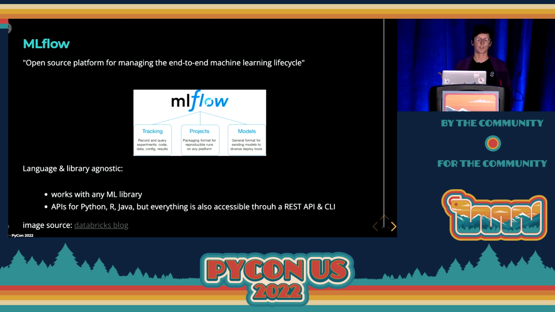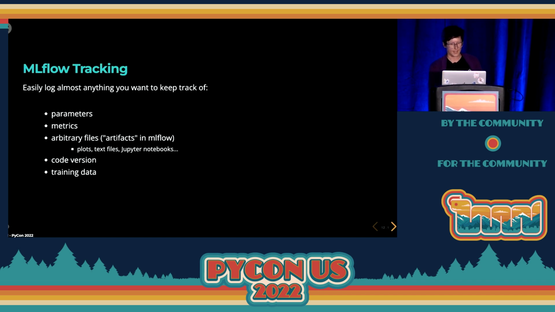MLflow was really nice because it's pretty language and library agnostic. It's not tied to TensorFlow or any other specific machine learning library, and it's got APIs for different languages. I'll be using Python here, but it's pretty flexible for different use cases. In this talk, I'm going to be focusing specifically on the MLflow tracking piece. Tracking lets you easily log pretty much anything that you'd like to keep track of.